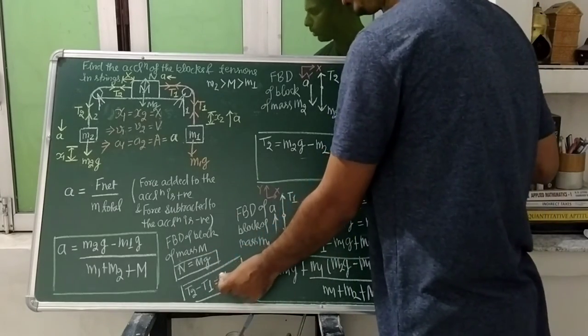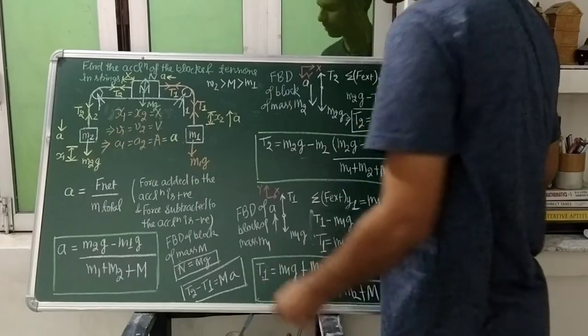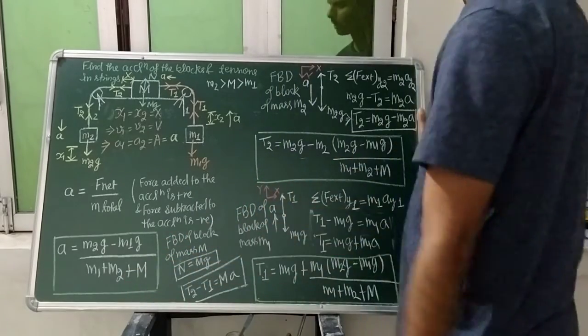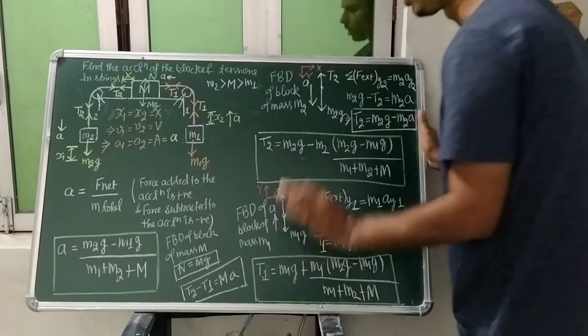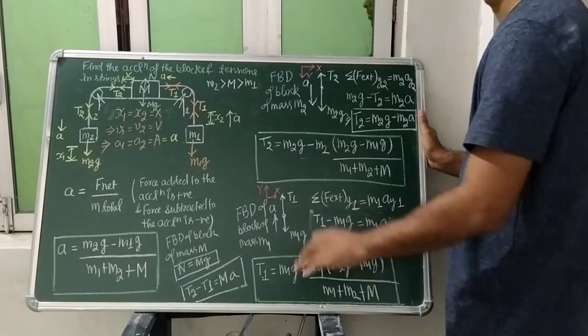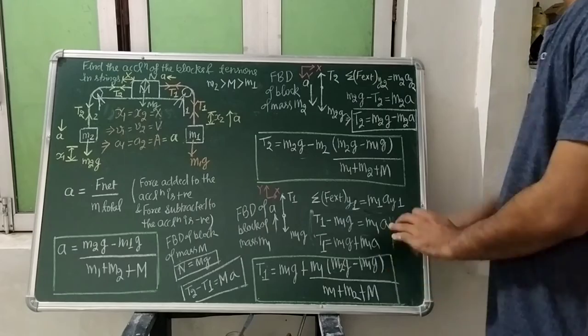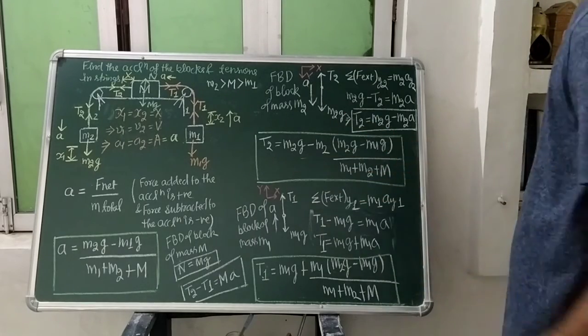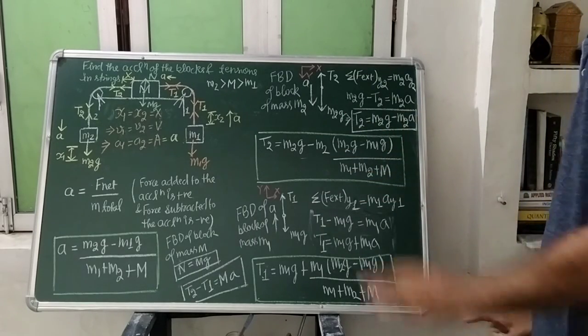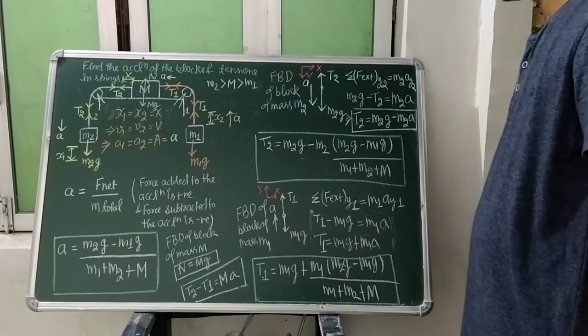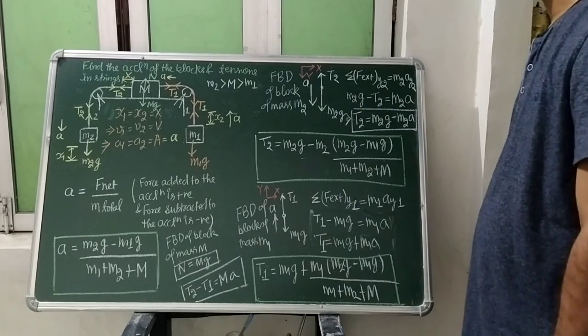You will be known to the mass capital M, A acceleration also you have come to know, and T2 and T1 also you have come to know. You have got the expression of that acceleration, tension T2, tension T1 present in that distance. So this is the solved problem.